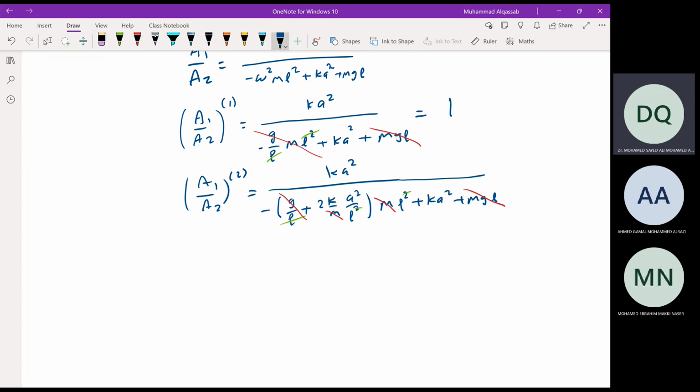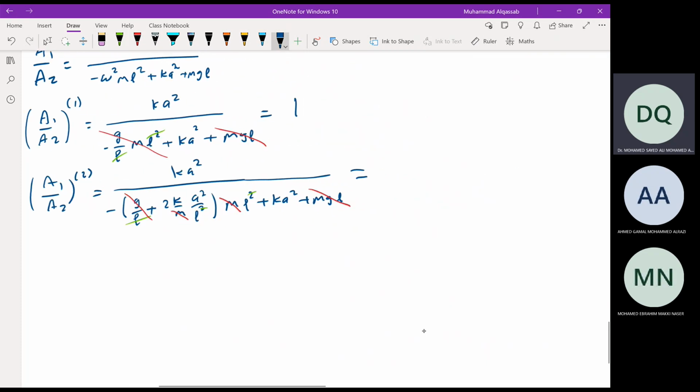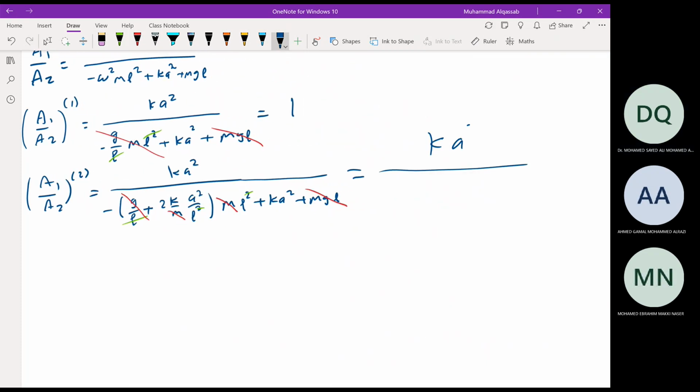Okay, let me simplify. This will be equal to Ka squared, and this will be minus 2Ka squared multiplied by L. I have an L extra here.